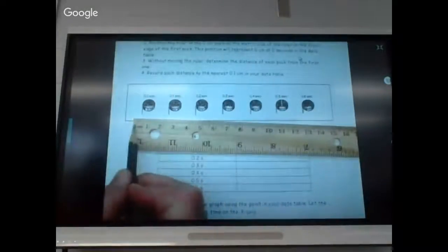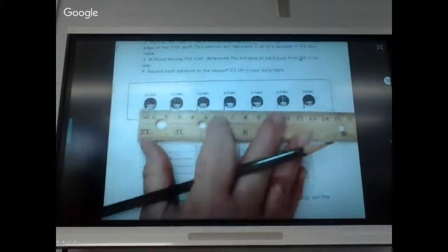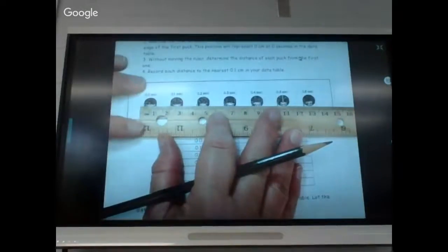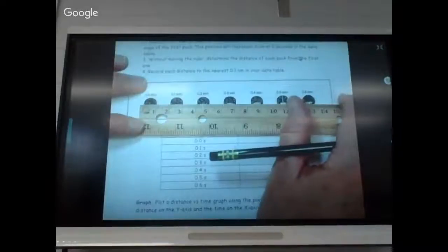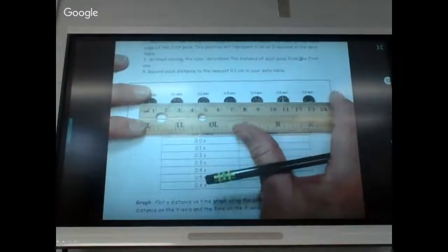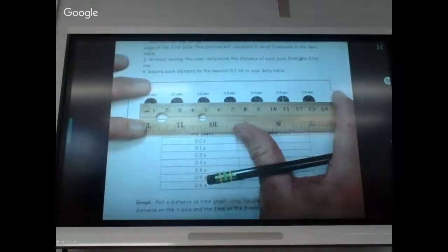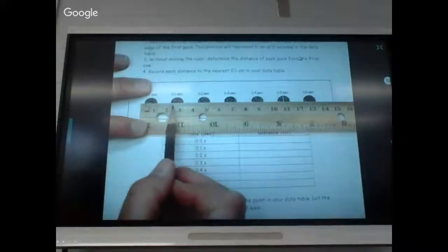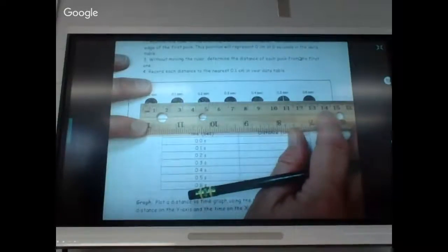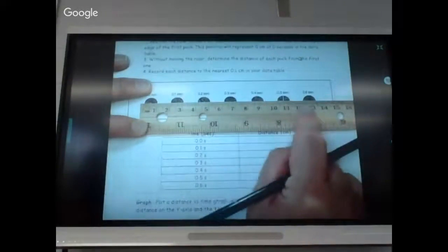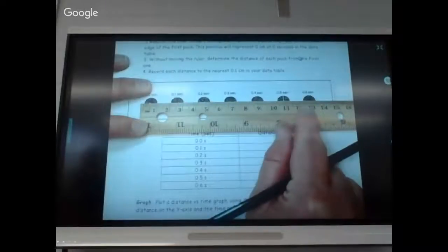You're reading the very front of the hockey puck from the ruler. You want to take this little start line at the front of the ruler and place it at the front of the hockey puck. Now, you're reading from here to the front of this next hockey puck, and to the front of all the rest of the hockey pucks without lifting the ruler up.